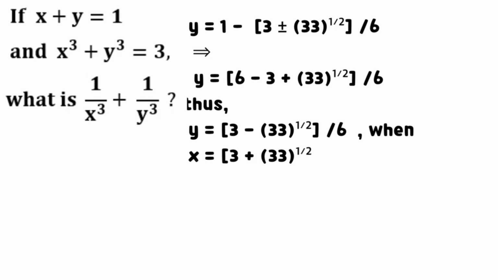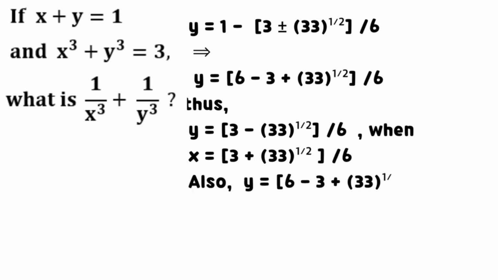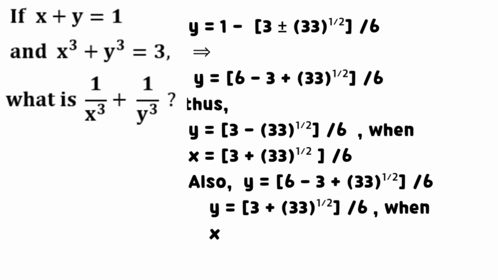Thus, y equals 3 minus the square root of 33 all divided by 6 when x equals the sum of 3 and the square root of 33 all divided by 6. And also, y equals the sum of 3 and the square root of 33 all divided by 6 when x equals 3 minus the square root of 33 all divided by 6.